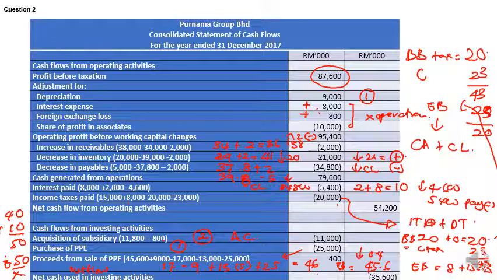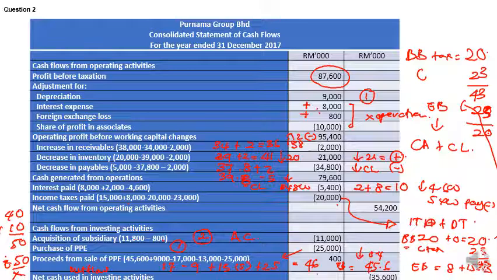The beginning balance you have is 17, and then you need to minus depreciation. Minus depreciation that you have here is 9 for the PPE, and then we need to add 13. The 13 here is the one that comes from the new acquisition, from Semangat.